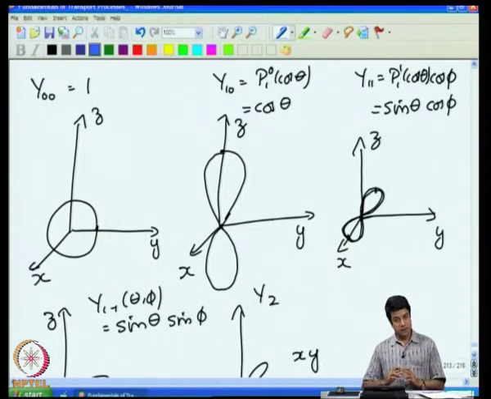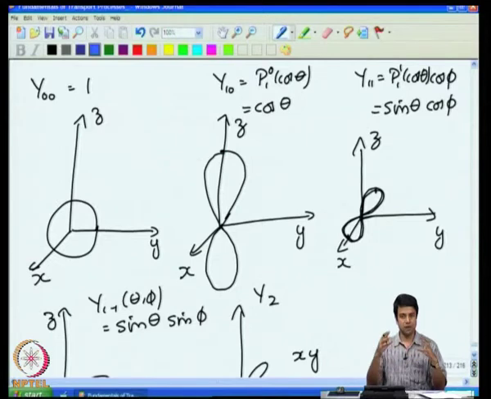And I had briefly discussed for you the symmetries of these Legendre polynomial expansions, the symmetries of the spherical harmonics. Y_0^0 is a constant, it is independent of theta and phi. Therefore, there can be a variation in Y_0^0 only in the r direction.